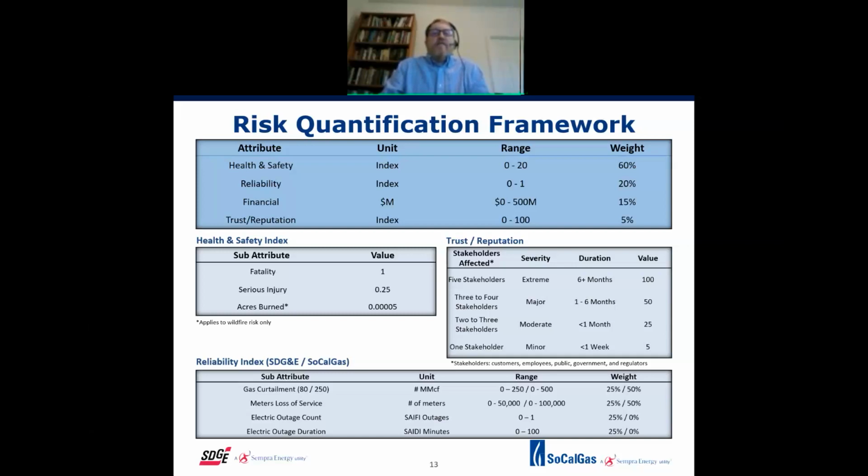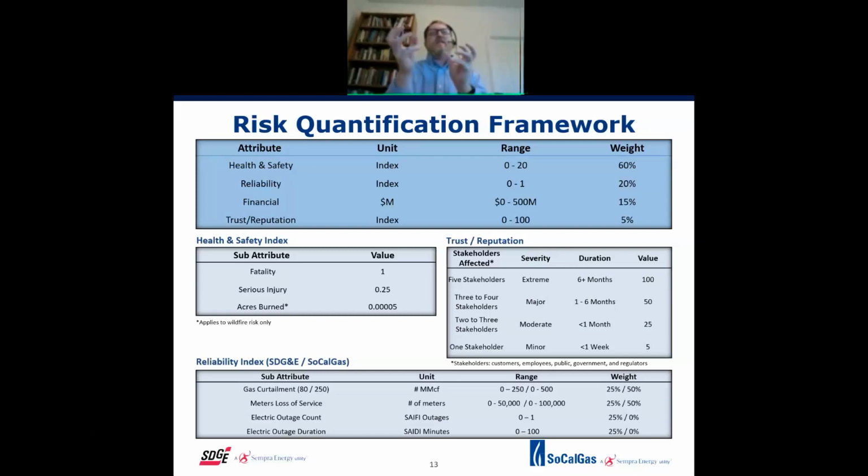And we plan very much to include the negative side of PSPS in our decision making. We have a model called WINGS that takes the wildfire risk and the PSPS impacts and looks at them both and tries to find solutions on how to reduce the risk and the impacts from both of those.